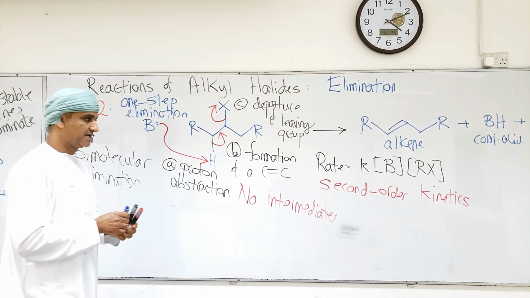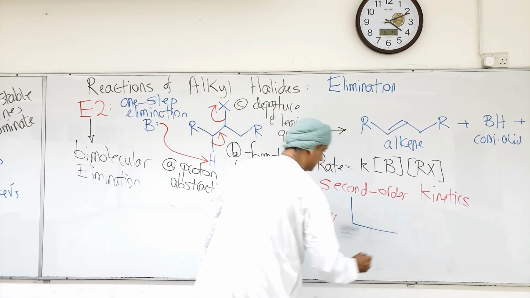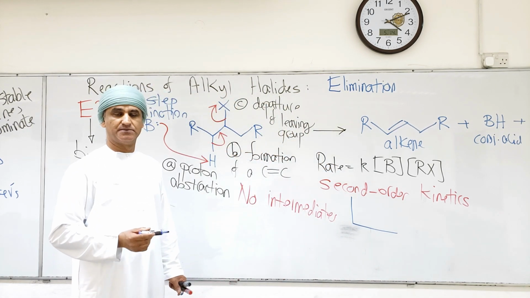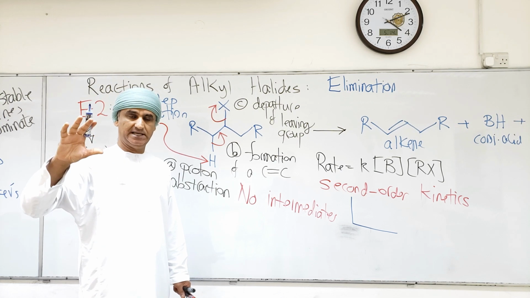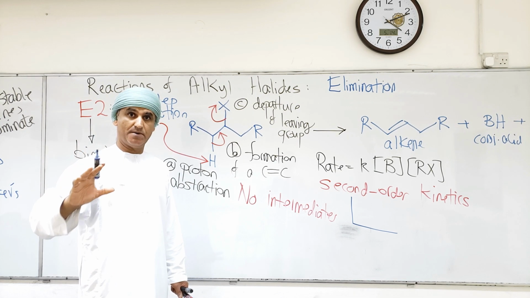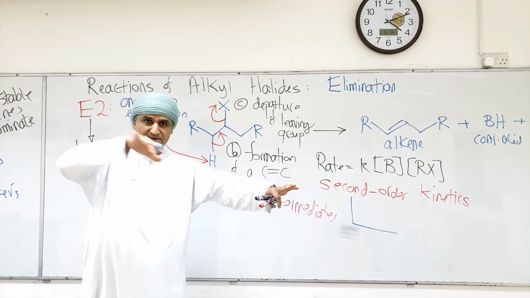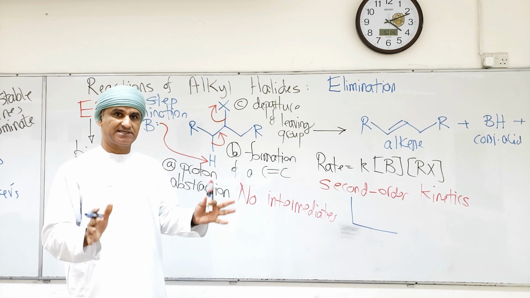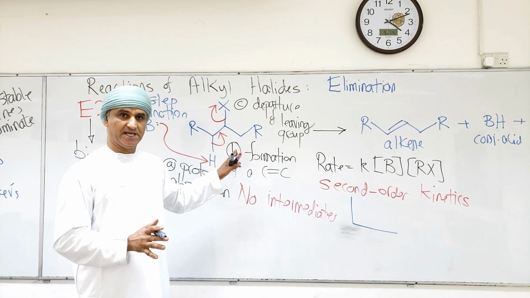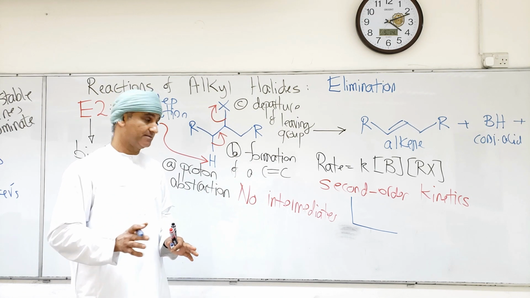Their corresponding energy diagrams should be simple energy diagrams with no intermediates, only transition states, no minima in between reactants and products. It's a one-step reaction. The elimination E2 is a one-step elimination. SN2 is a one-step substitution.